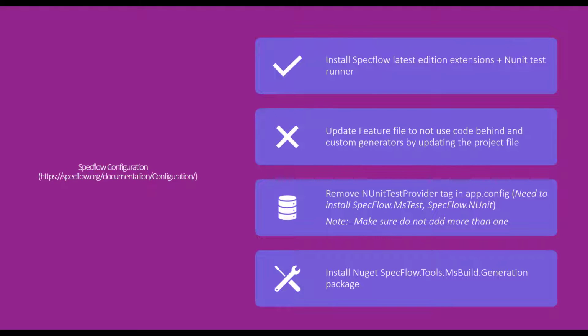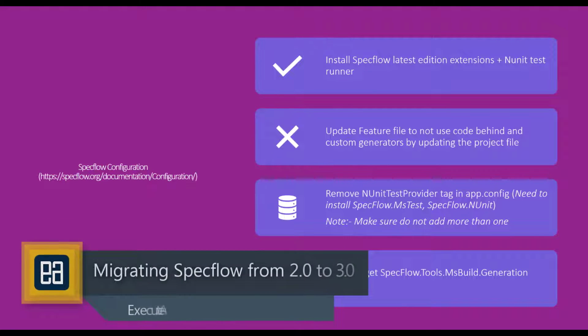So this is the Specflow configuration that one requires to perform the Specflow migration. The first one is installing the latest Specflow extension plus the NUnit test runner in your Visual Studio 2019. Then you need to update the feature file to not use the code-behind and the custom generator by updating the project file. You can also do the same thing from the Visual Studio properties, so you need to do that as well.